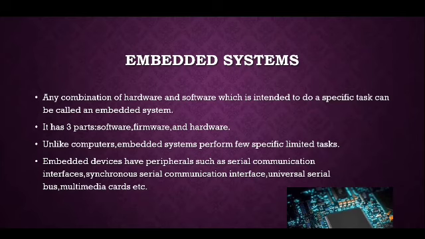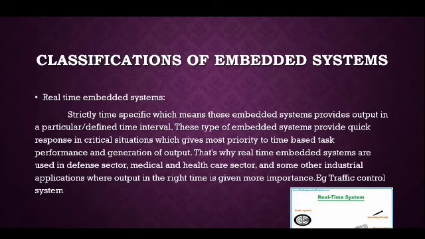It has three parts. They are software, firmware and hardware. Embedded systems have peripherals such as serial communication interface, synchronous serial communication interface, universal serial bus and multimedia cards, etc.